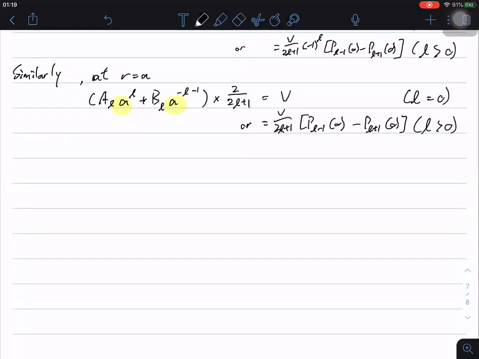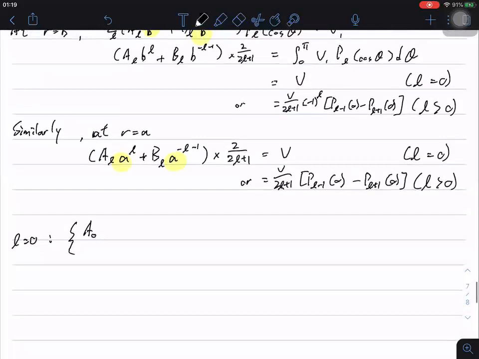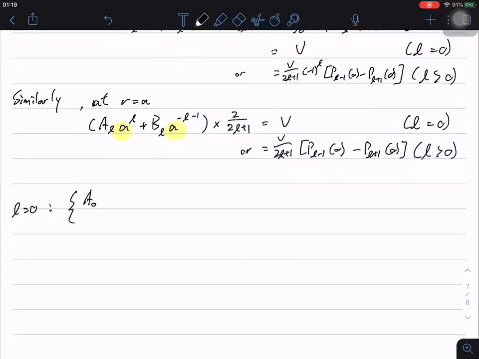Now we have a pair of simultaneous equations. So first of all, let's consider an easier case, L equal to 0. It's basically just, well, b to the power of 0 is just a 1, and b to the power of -1 is just 1 over b, which is equal to V over 2.